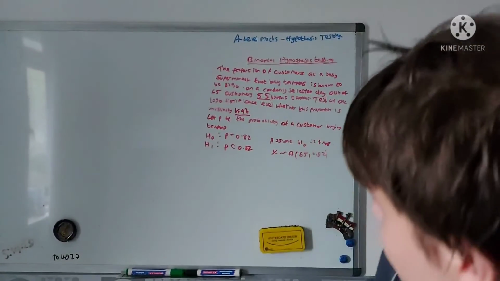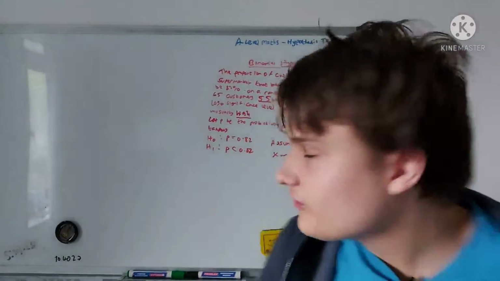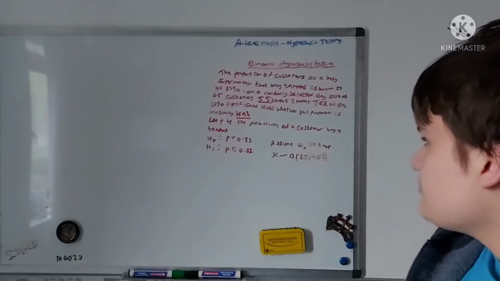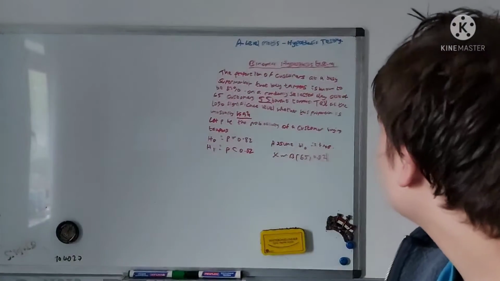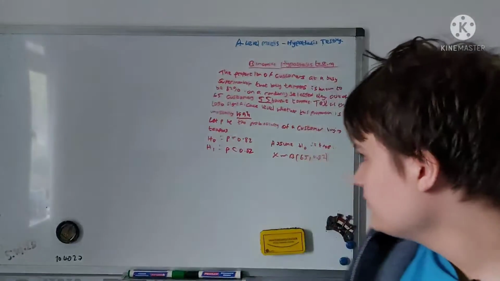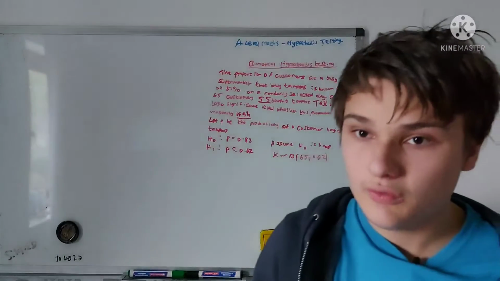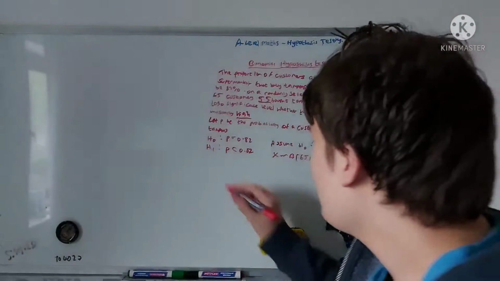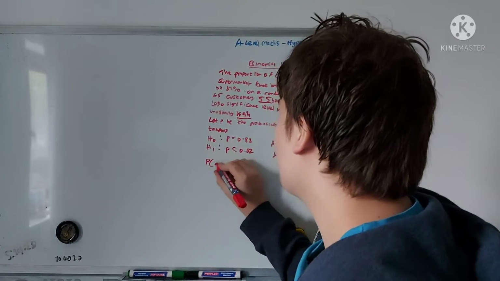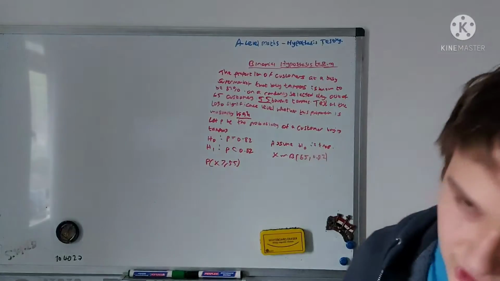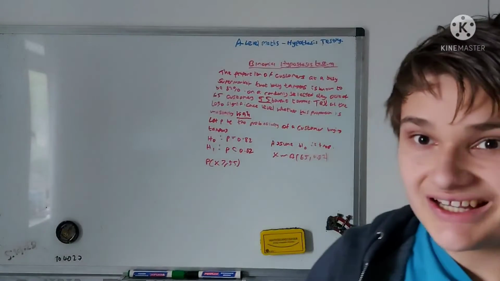I've slightly changed the question now. So we've got 55 now buying tampons, and it says test at the 10% significance level whether this proportion is unusually high. Now this is different because it's high, not low, but the principle is still the same. We want now the probability of x being greater than or equal to 55 because we want it to be unusually high.